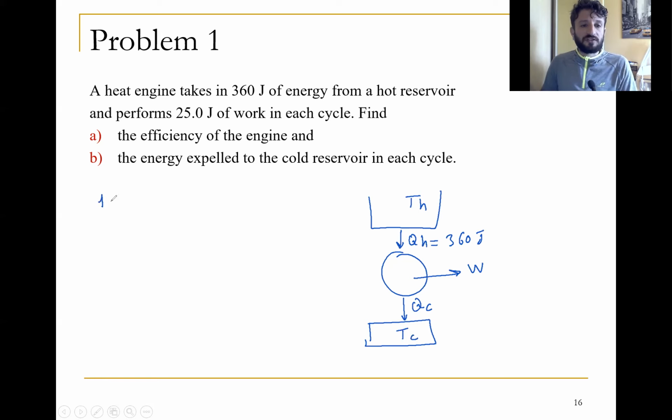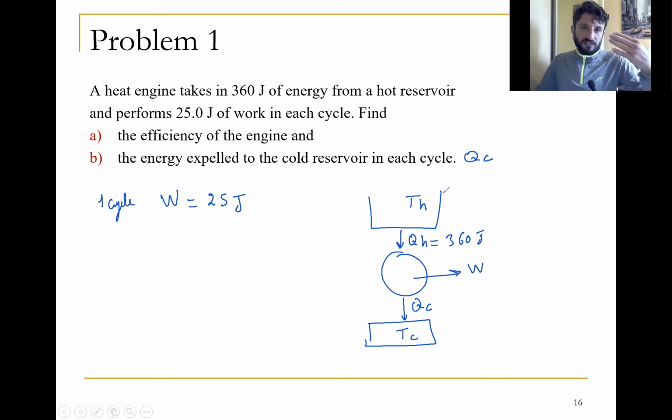So for each cycle, we have omega equals 25 joule. First, we have to find the efficiency of the engine, and we have to find the energy expelled to the cold reservoir in each cycle. So we have to find Q cold.